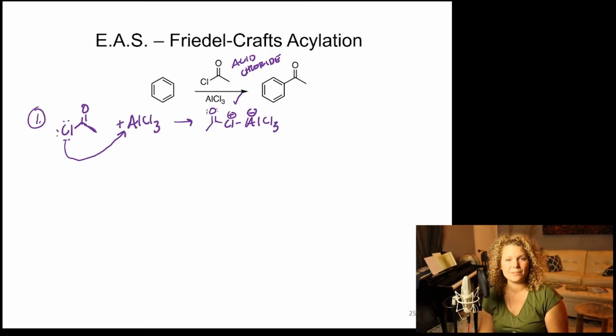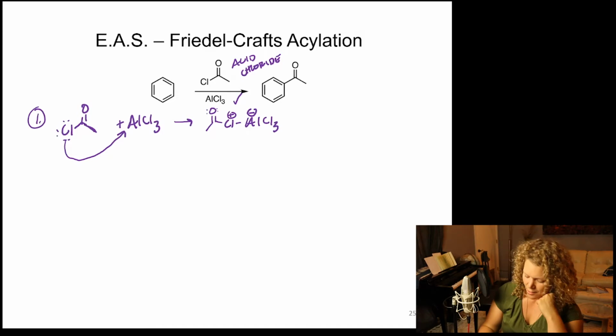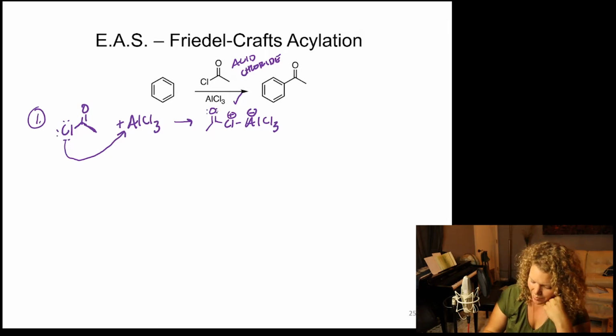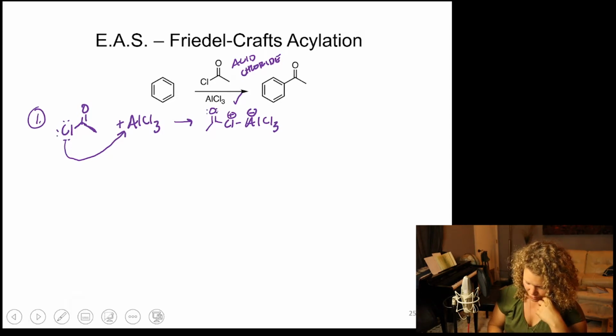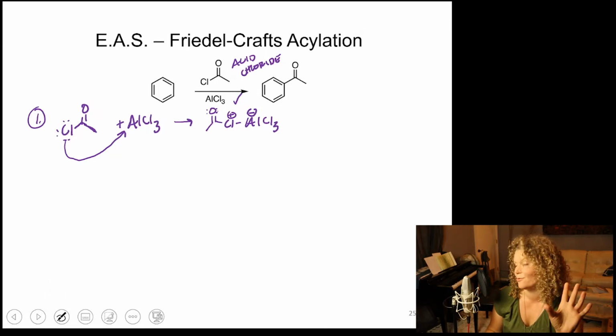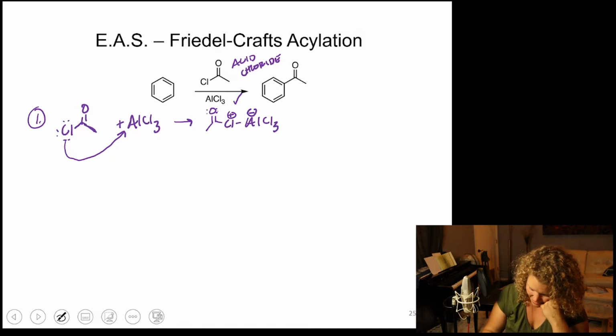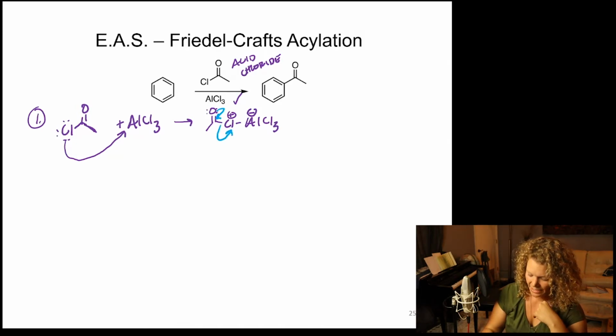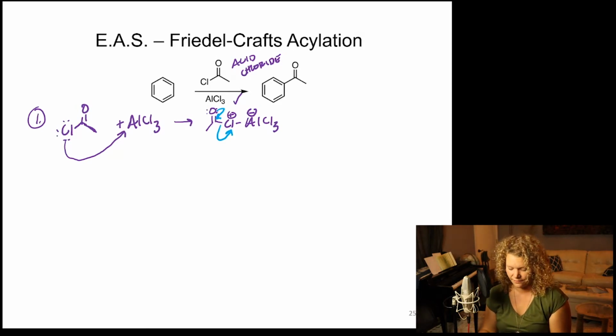Now, what will happen next is very cool. We are actually going to use one of the lone pairs from our oxygen, and we're going to push it down to form something that looks kind of wonky. I'm not going to lie, this may look kind of weird at first. And here we're going to kick out our really great leaving group.